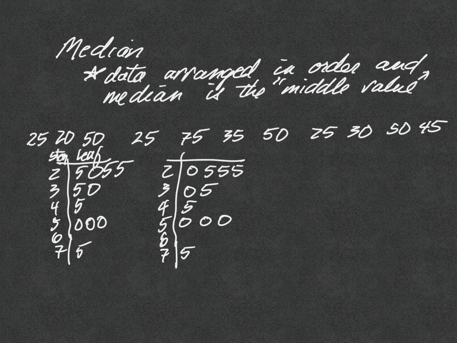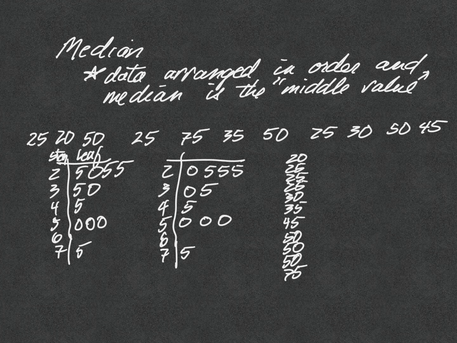And now I've got the data in order. In fact, if I write them down: 20, 25, 25, 25, 30, 35, 45, 50, 50, 50, 75. So see, they are all in order.